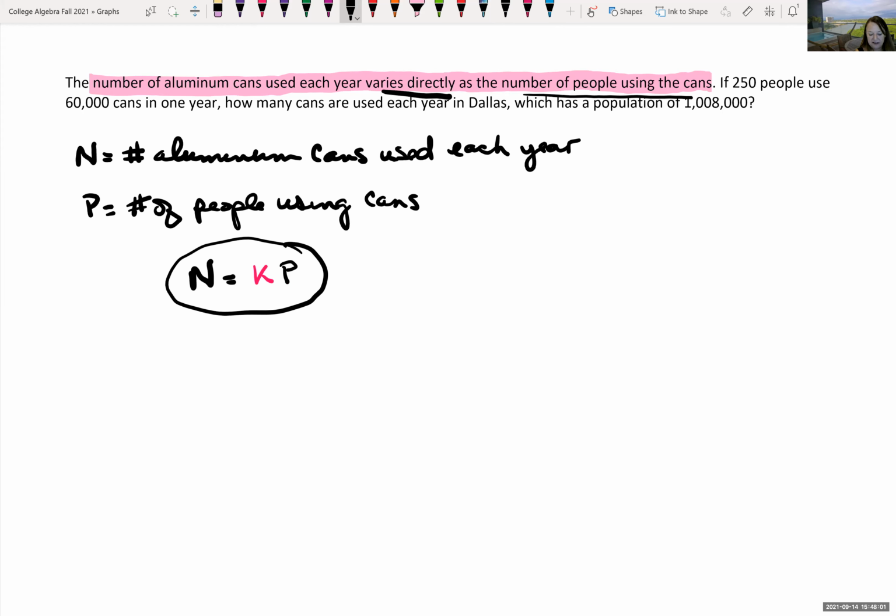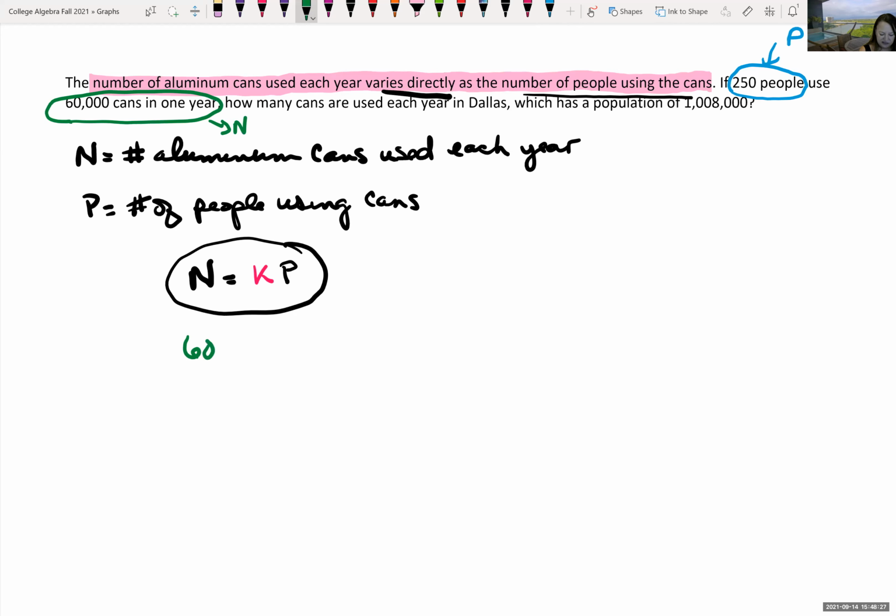So now we have enough information to figure out what K is. We have 250 people, so this is our number of people, use 60,000 cans in 1 year. So this is our N value.